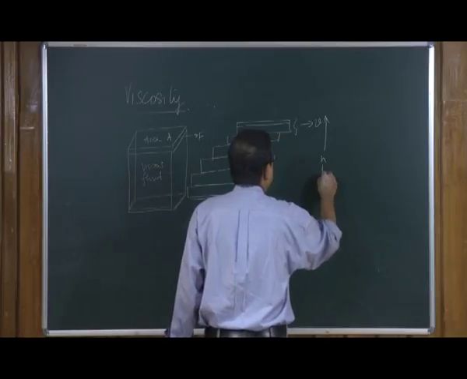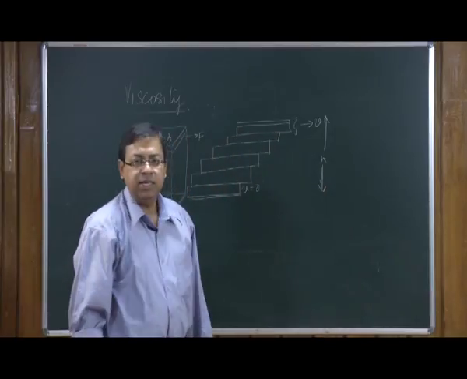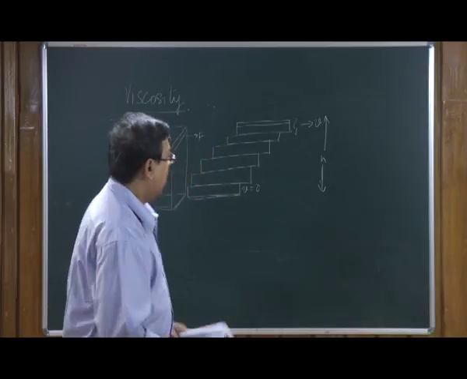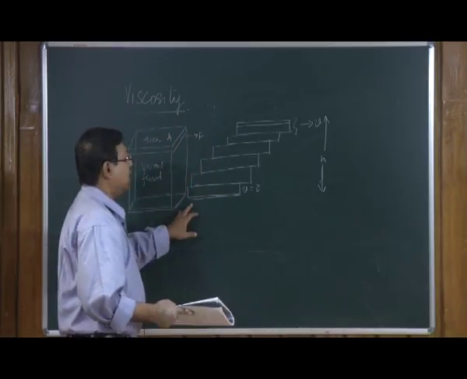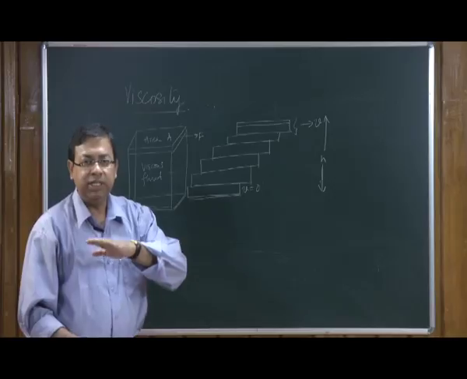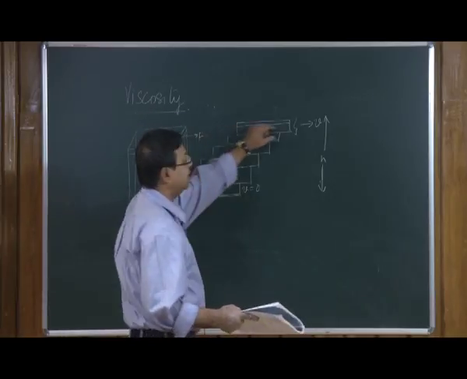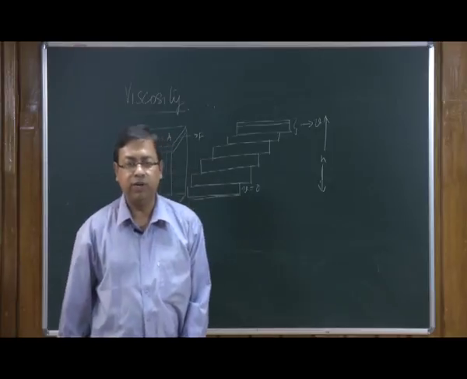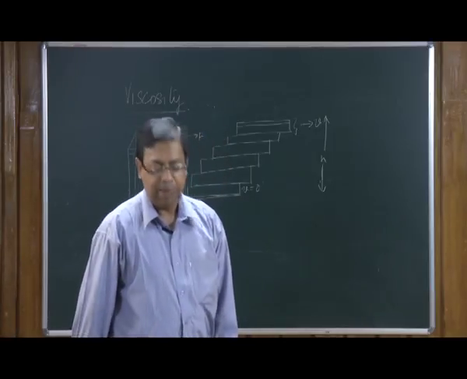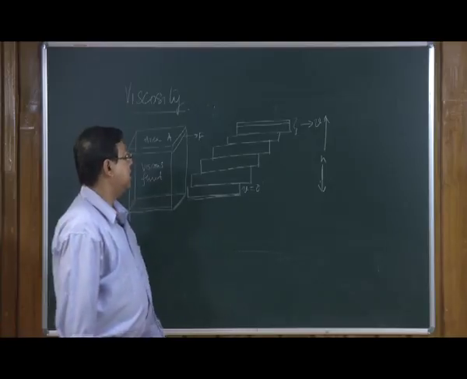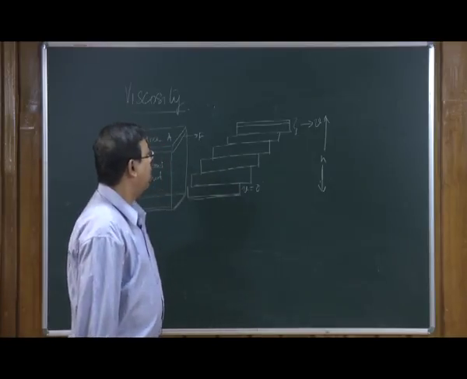So, over a height h, the fluid layers, now this is called laminar flow, because each of these layers of the fluid that we have drawn is called a lamina, and that is why this is called a laminar flow.